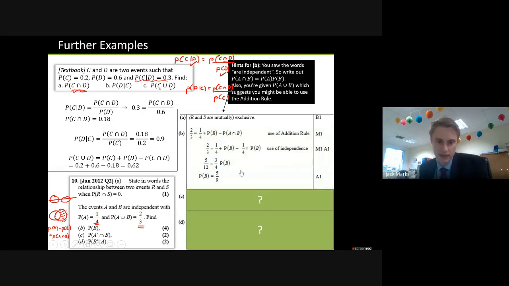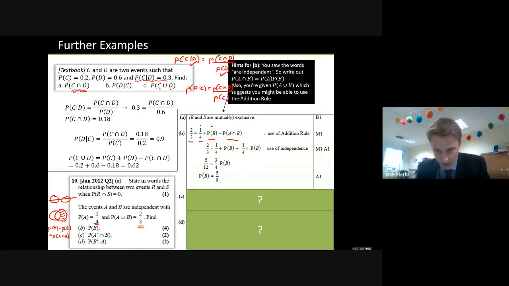So let's take a look at what we've done. 2/3 is everything inside the circles, which is made up of the A circle plus the B circle and then minus the overlap. Because the A circle includes the intersection, and the B circle includes the intersection as well, you need to remove it once.